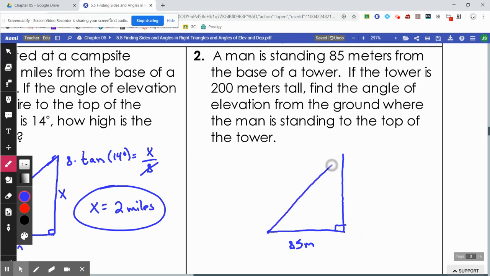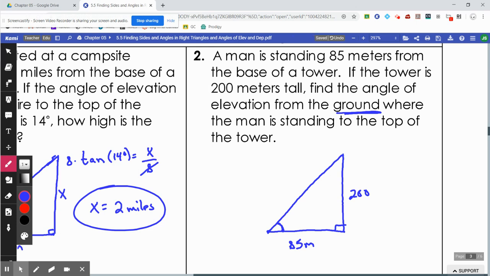And it says if the tower is 200 meters tall, find the angle of elevation from the ground. Now that's important because his eyes are actually going to be a little bit above the ground. His eyes would be up here, right? So we're saying the angle of elevation from the ground. So we're fine with that. So there's our angle of elevation.